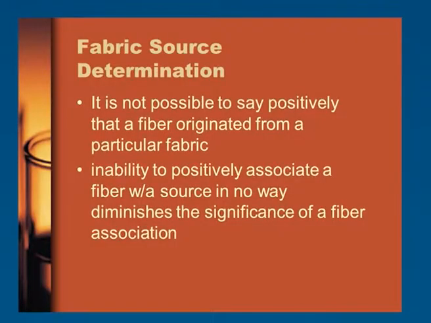Coming to the source determination, fibres can be exchanged or transferred from individual to individual, individual to object, and between objects also. If fibres get associated with a particular source, for example, a fabric, then it becomes easy to link the victim, suspect and the scene of crime, thereby giving it evidentiary value.